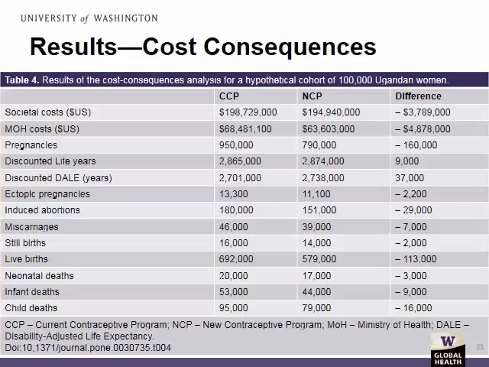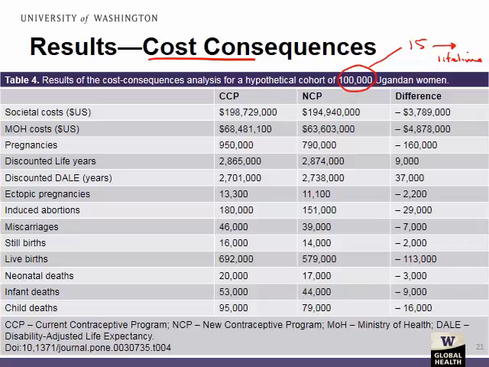So here are the results of the study, and we presented this cost consequences style analysis for a cohort of 100,000 Ugandan women, and remember that we had 15-year-olds and followed them over their lifetime. So if you had 100,000 of those women, this is the kind of results you would get.